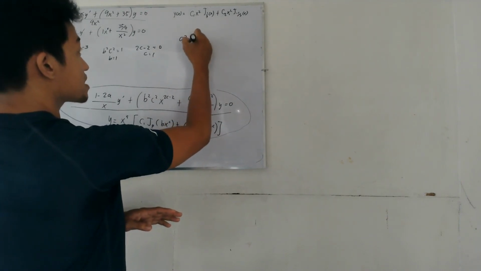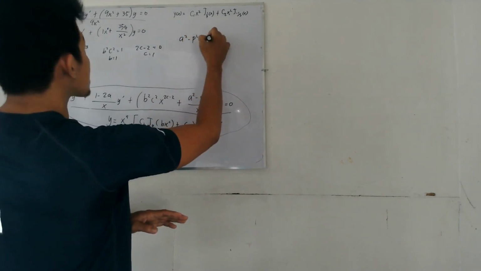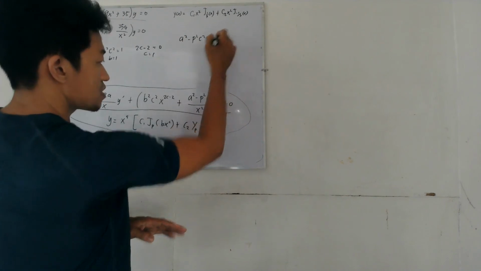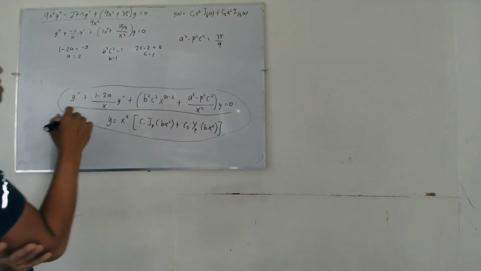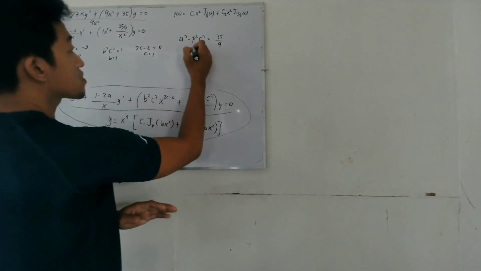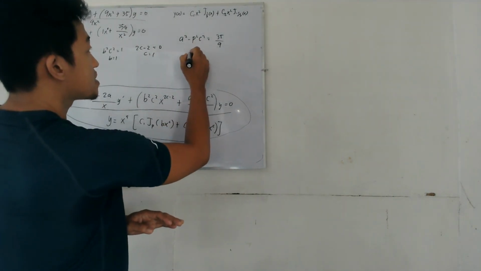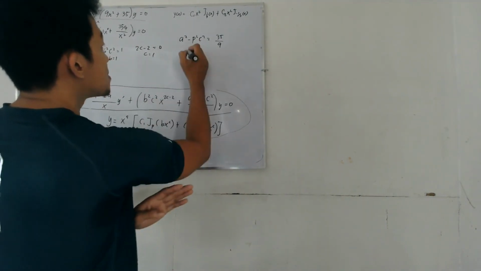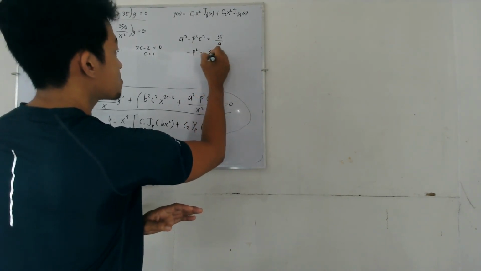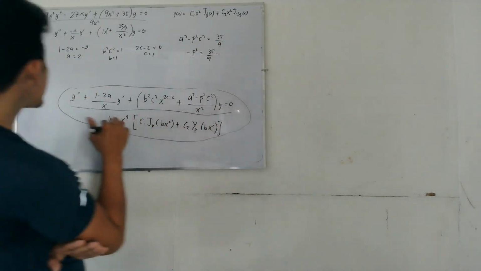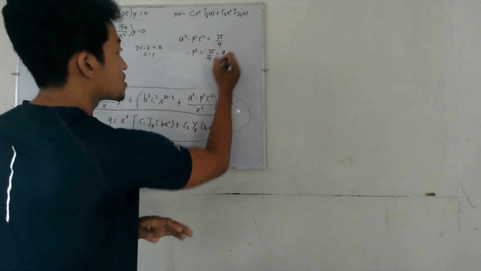So, ang P, dali na ito makuha. A squared minus P squared, C squared equal to 35 over 9. So, you have ang sin mo 1. Mayroon yung negative P squared 35 over 9 minus ang A 2 minus 4.